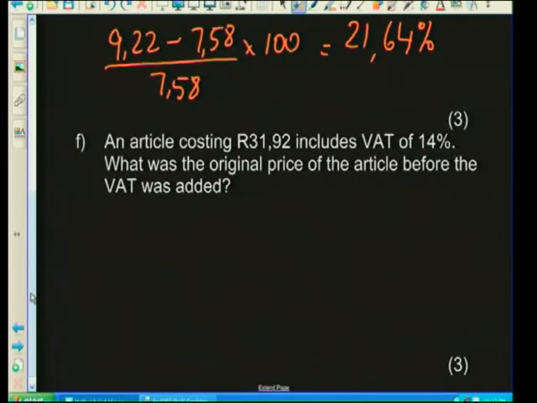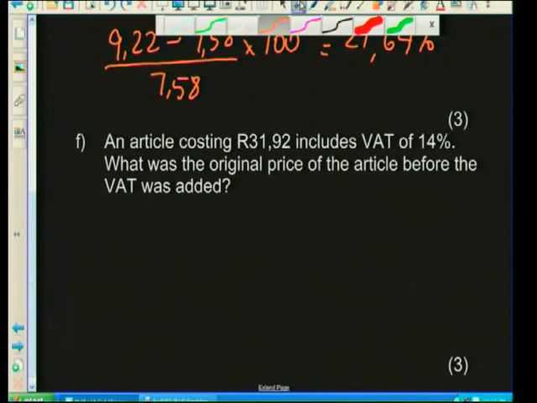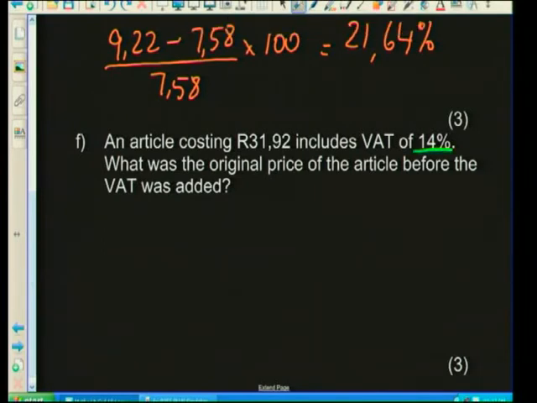An article costing 31 Rand 92 includes VAT, and VAT we normally deal with VAT of 14%. So this 31.92 is including the VAT. What was the original price of the article before VAT was added? So this is where I said to you we've got an original amount.